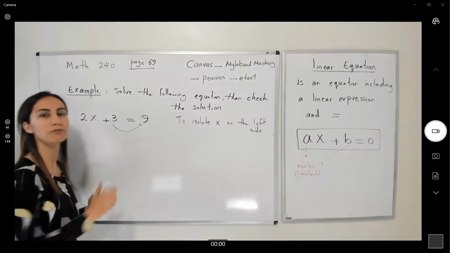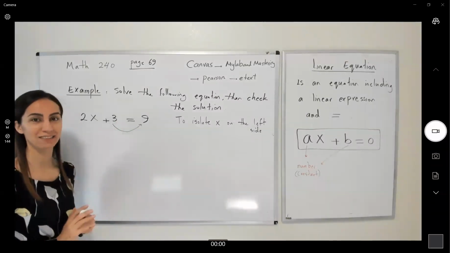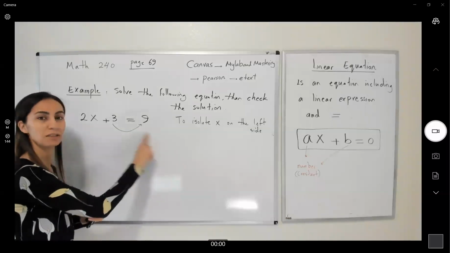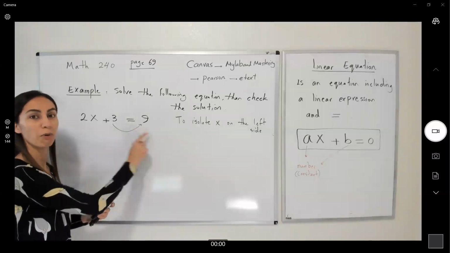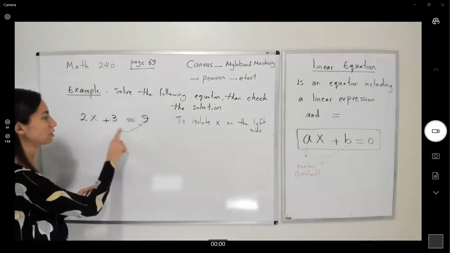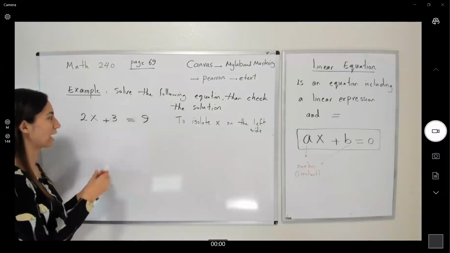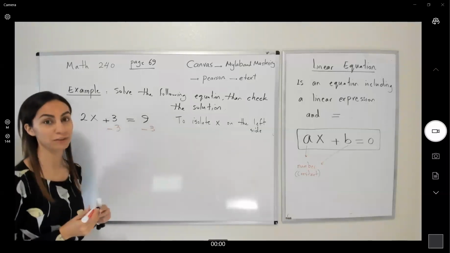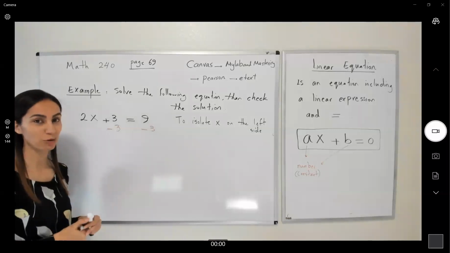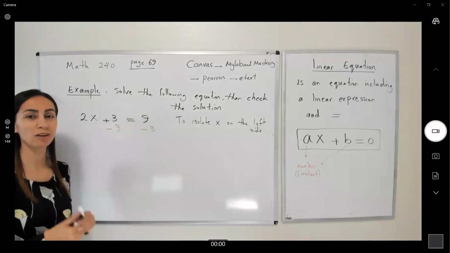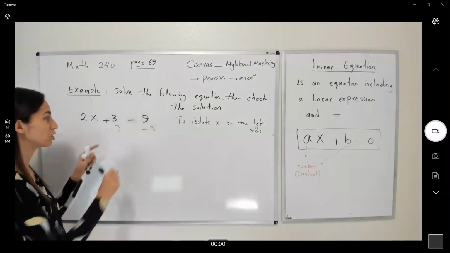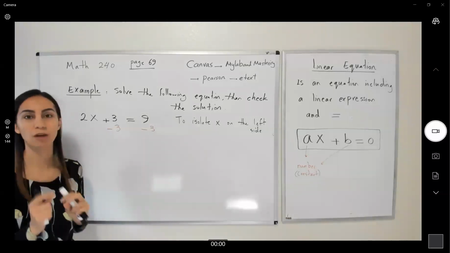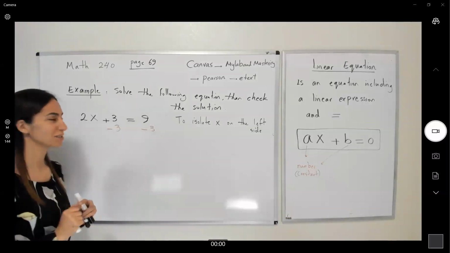How do I move 3 to the right-hand side? The official operation is subtracting 3 from both sides. You have an equation. You're not allowed to just do the subtraction on one side. You have to do the subtraction on both sides.